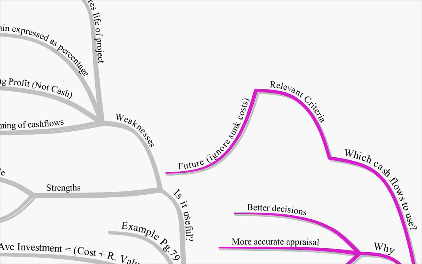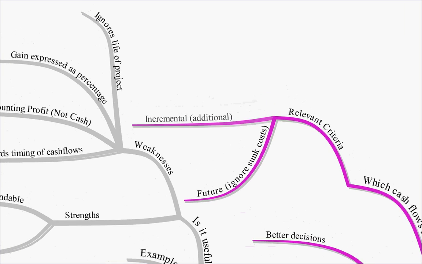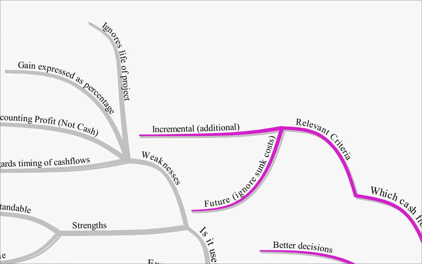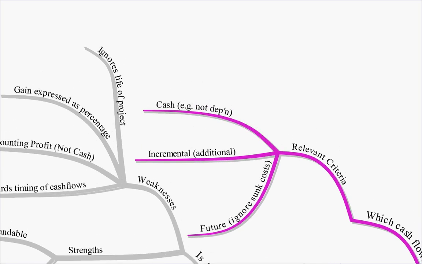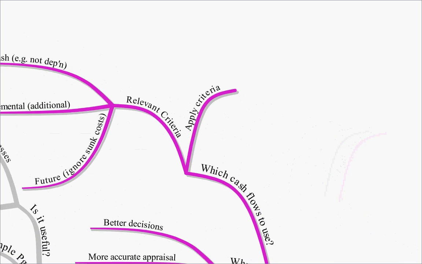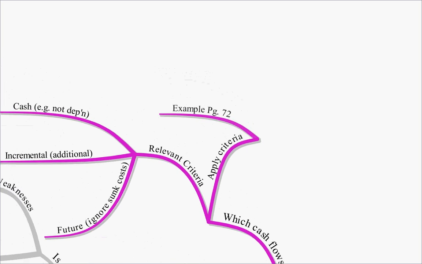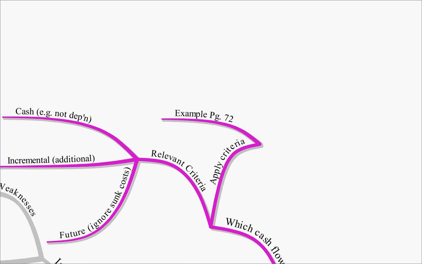It must be future, i.e. not a sunk cost already incurred. It must be incremental or additional, i.e. additional costs. And it must be cash. So accounting mechanisms such as depreciation are not relevant. We did a little example as to how to apply the criteria. Have a look at it on page 72 of your notes.